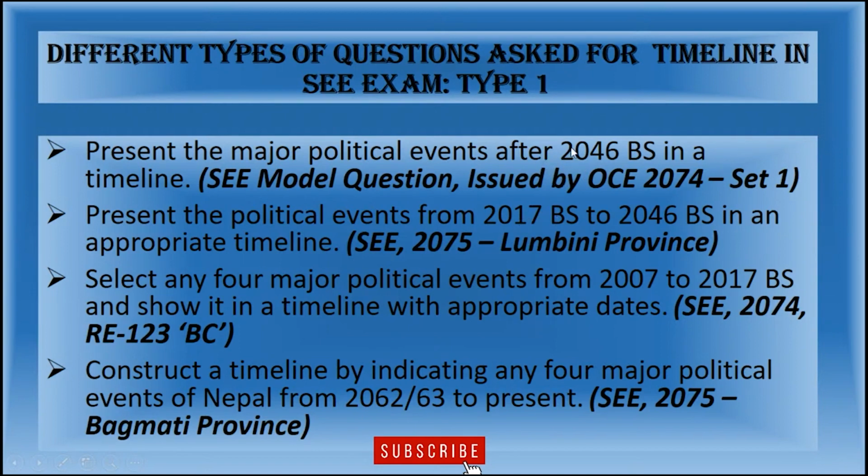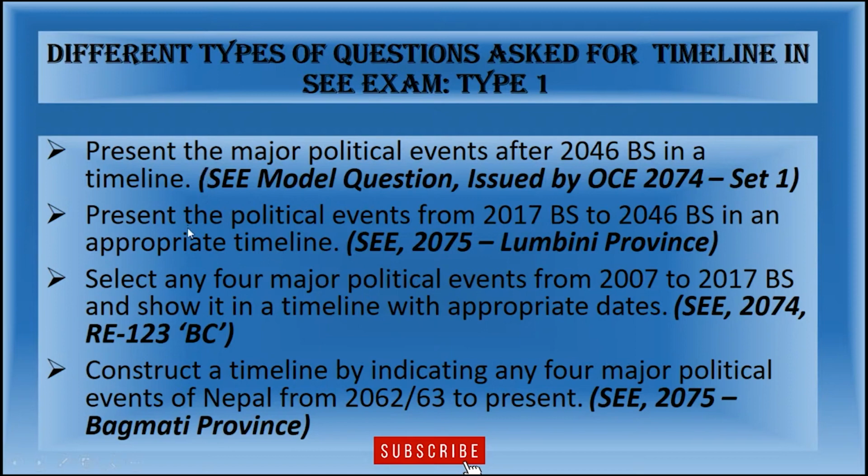If you know, you can also use the full date. There is a choice in the first and second questions. But in the third question, it has clearly stated to show the timeline with appropriate dates, meaning you have to show the timeline with the full date, like 7th Falgun 2007.